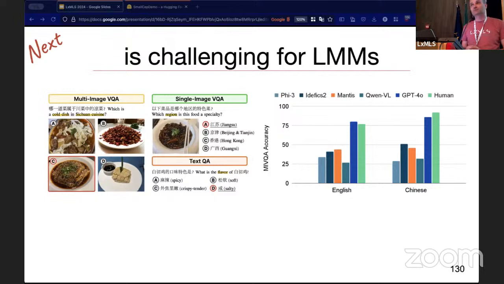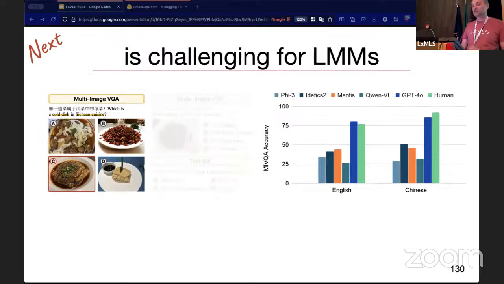And I assure you, this English annotator knows nothing about Chinese food culture at all. But this person knows just about as much as a model trained on an enormous amount of internet textual multimodal data.